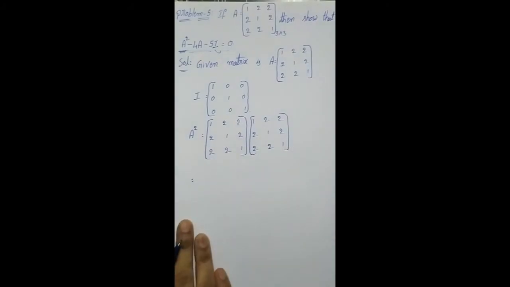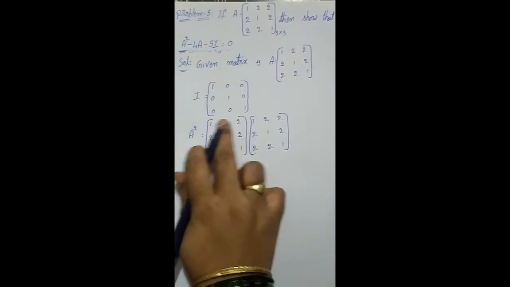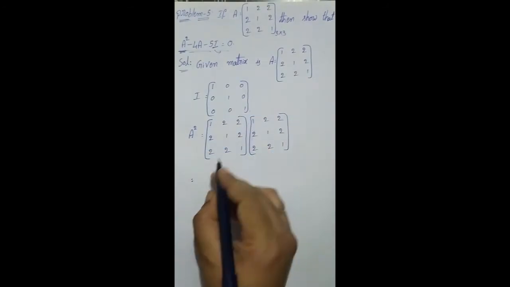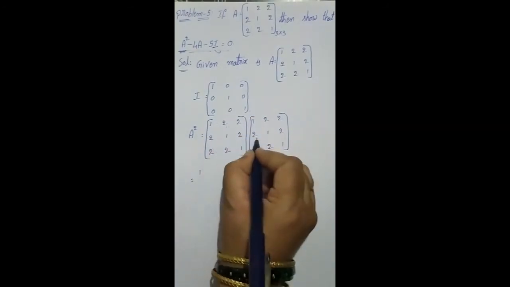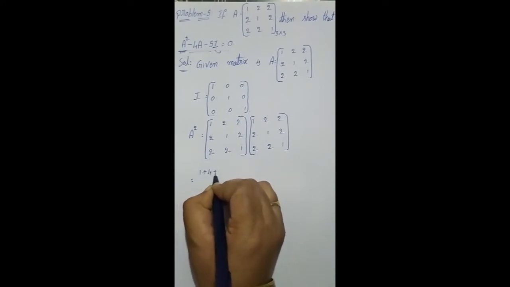The multiplication procedure is this row and this column multiply. 1 into 1, 1, plus 2 into 2, 4, plus 2 into 2, 4.